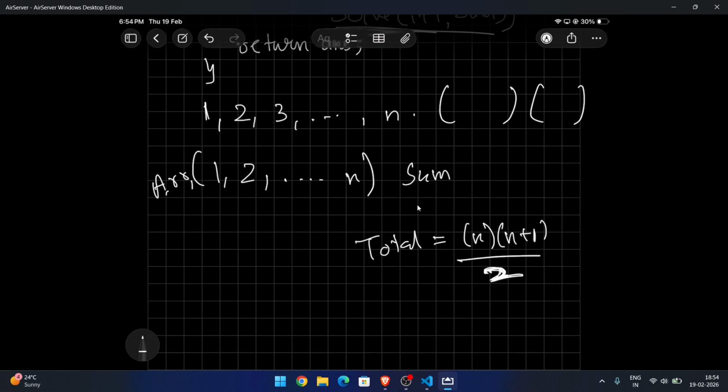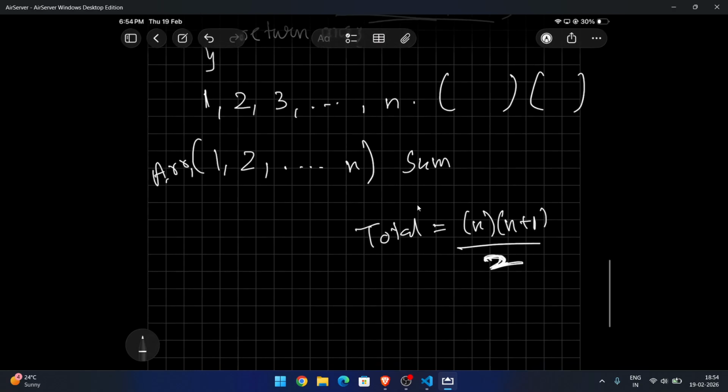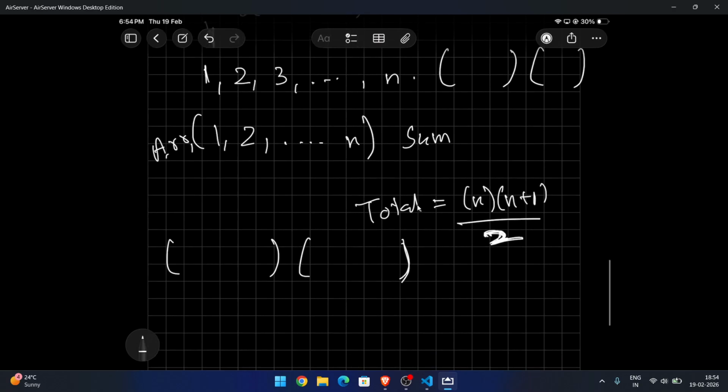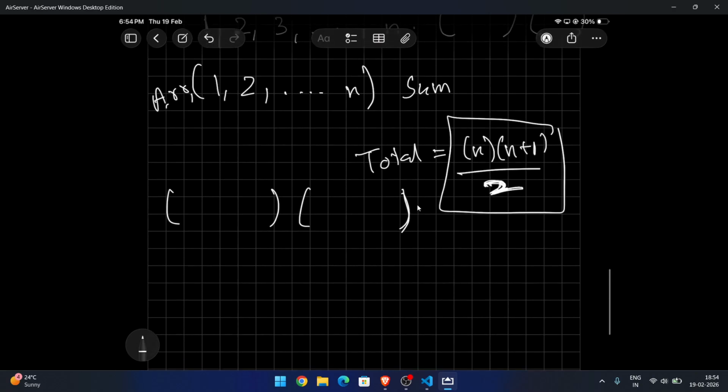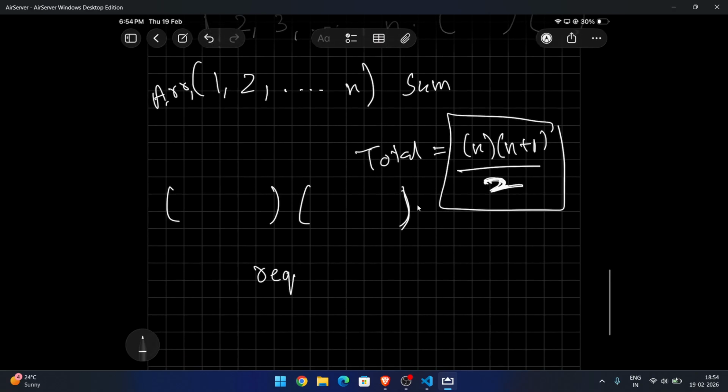Now, if we want to divide the set into two equal parts, so what would be the answer for that? That would be whatever is the total divided by 2. So now our required sum is whatever the total of the array divided by 2.